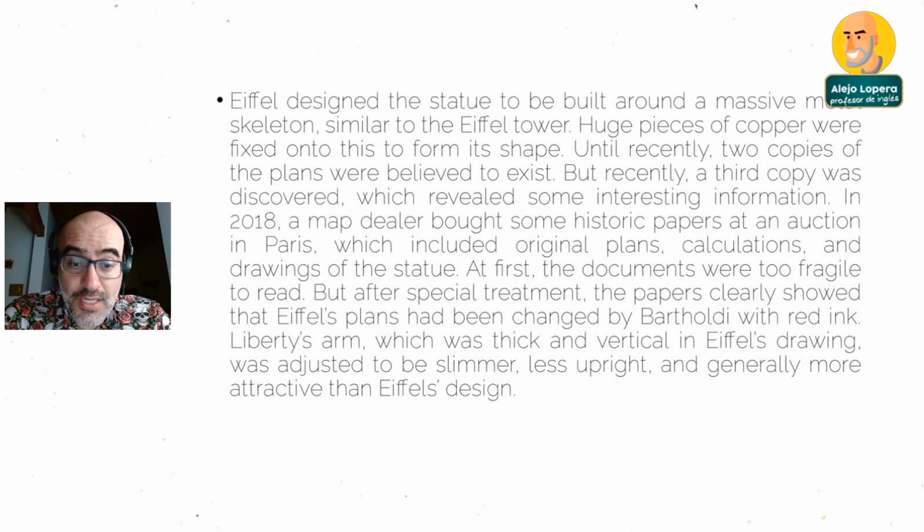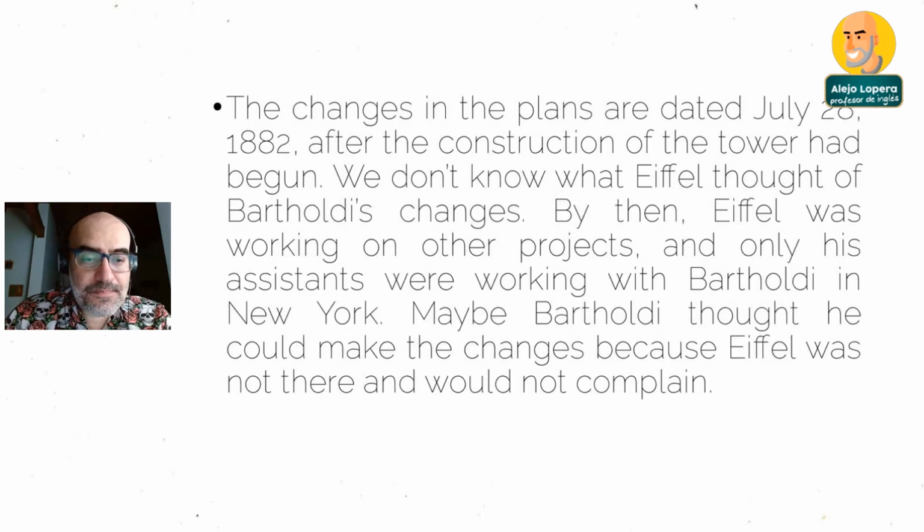At first, the documents were too fragile to read, but after special treatment, the papers clearly showed that Eiffel's plans had been changed by Bartholdi with red ink. Liberty's arm, which was thick and vertical in Eiffel's drawing, was adjusted to be slimmer, less upright, and generally more attractive than Eiffel's design.